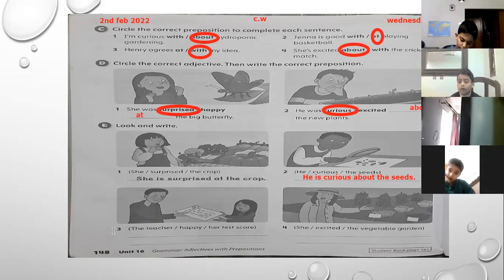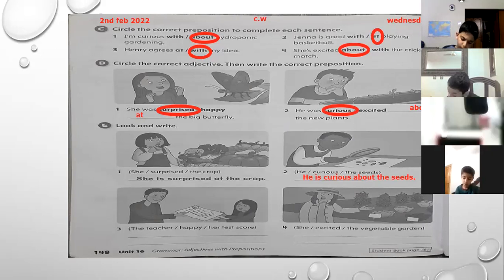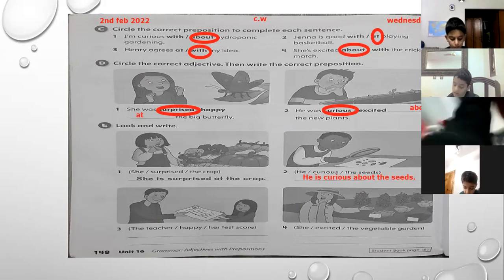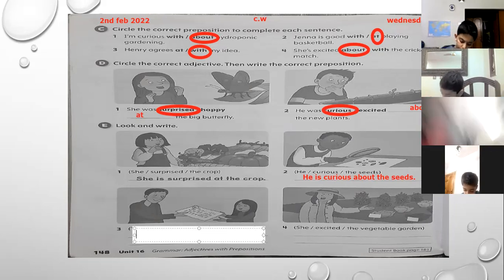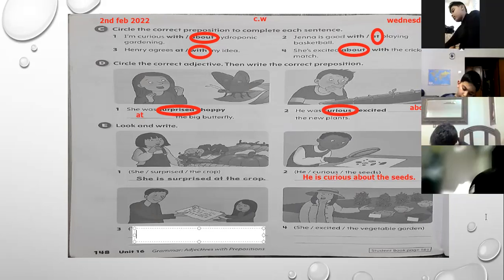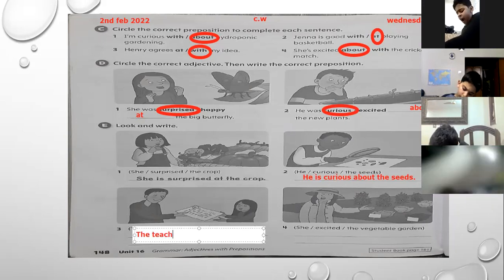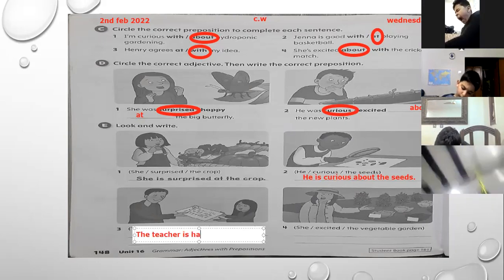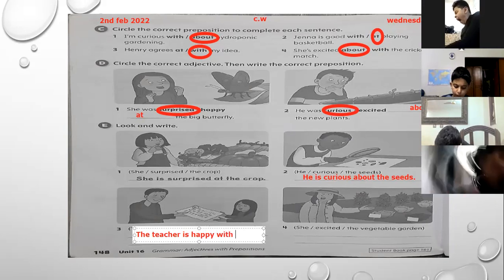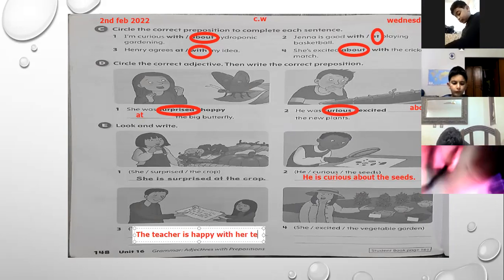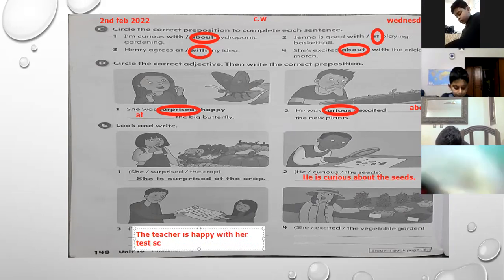Yes, the teacher is happy with her test score. Thank you. The teacher is happy with her test score. All of you, please write down. The teacher is happy with her test score.